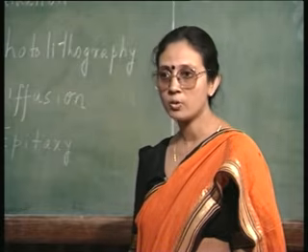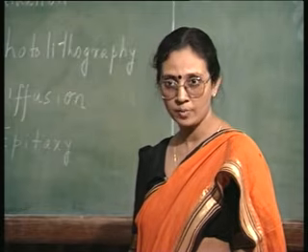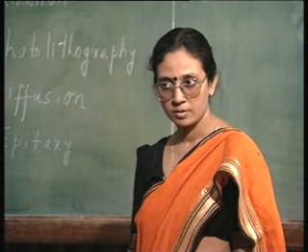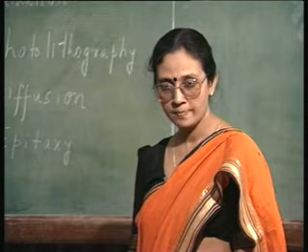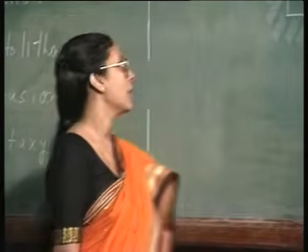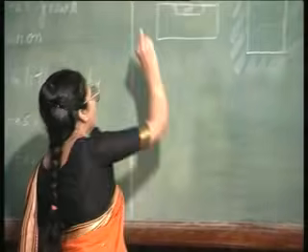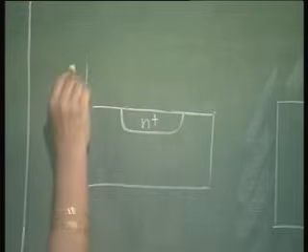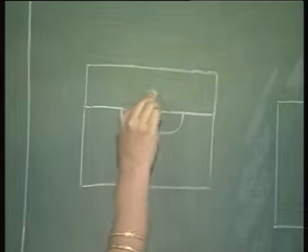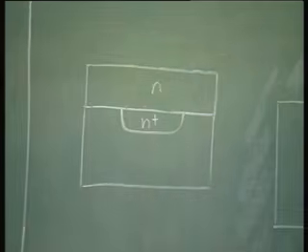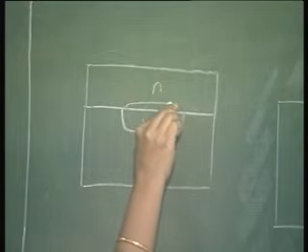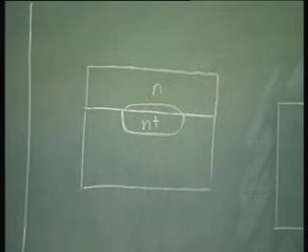That is, we are talking about a much thinner layer compared to the original bulk substrate. By this epitaxy, you grow an N layer on top of this, and while growing this N layer, this N plus diffuses out a little bit and looks like this.